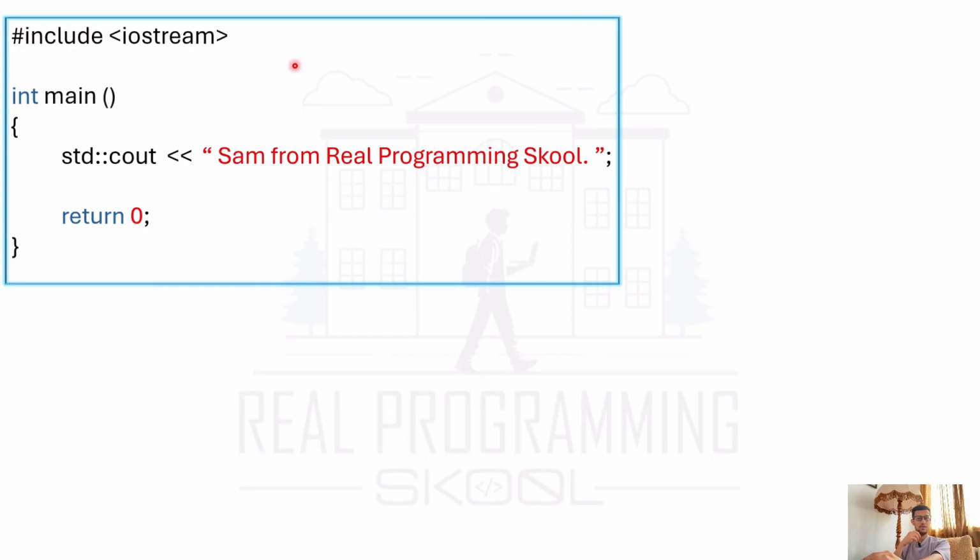Inside this iostream there are some ready functions, procedures, and objects. What is a function? What is a procedure? What is an object? You will understand them in their specific lessons later in this course. So for now, just take iostream as a library with some things inside it, and we include it or bring it to use the things inside it. All right, this is the first line of the program, hashtag include angle bracket iostream angle bracket.